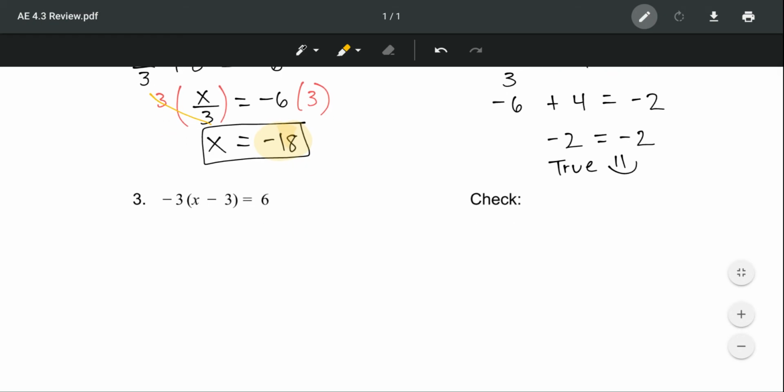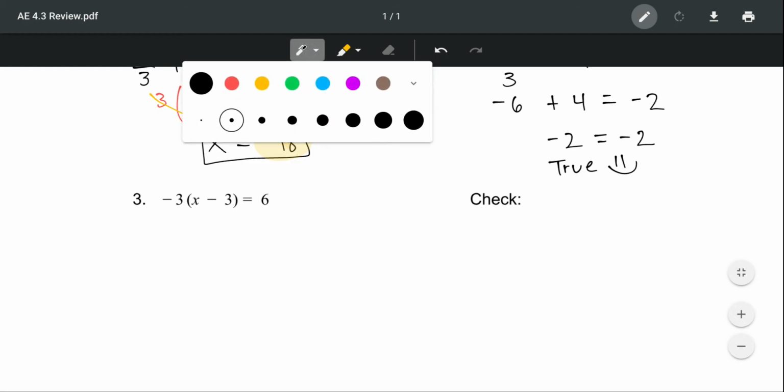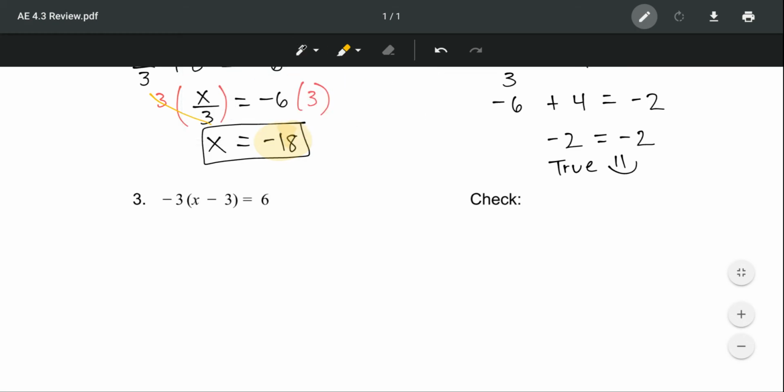Number 3, you have negative 3 times the quantity x minus 3 equals positive 6. So because we have subtraction, you want to rewrite the equation as negative 3 times the quantity x plus negative 3 equals positive 6.